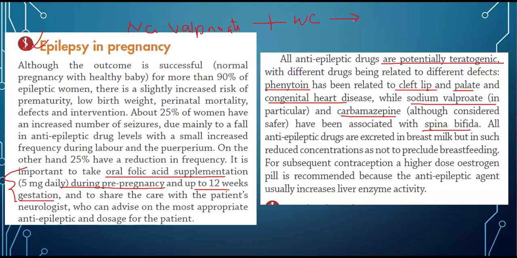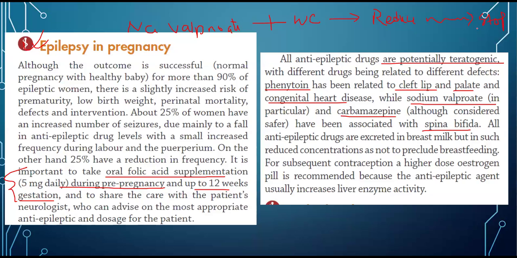So with well-controlled seizures and a patient who came before getting pregnant, you can do something. You can advise the patient that because your seizures are well controlled and sodium valproate has significant risk to the baby, we can stop the sodium valproate before you become pregnant. You would gradually reduce the dose of valproate, and over a period of time you will stop it.